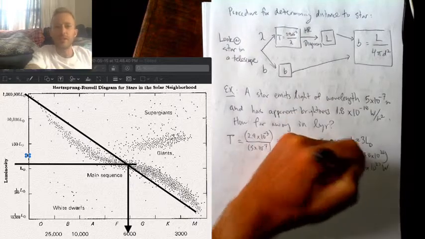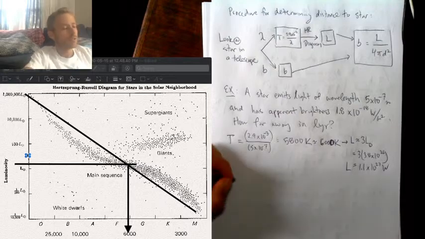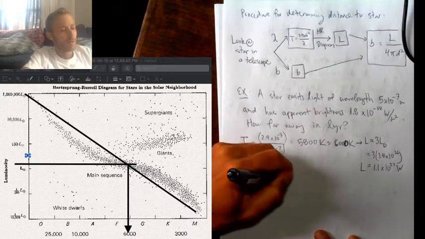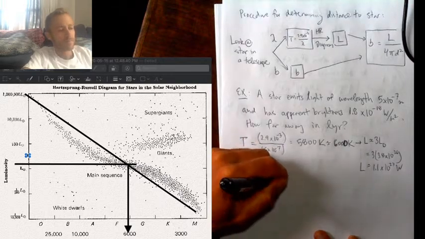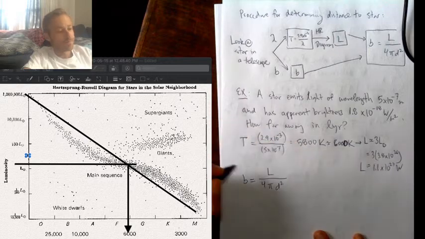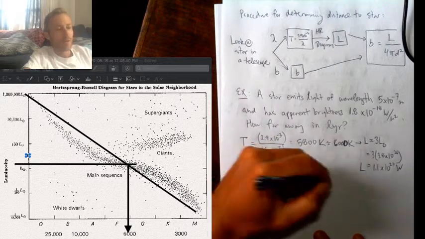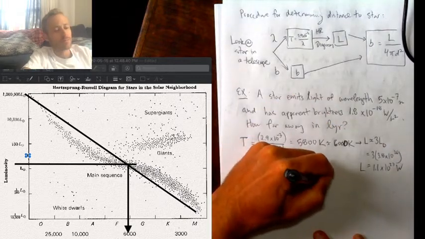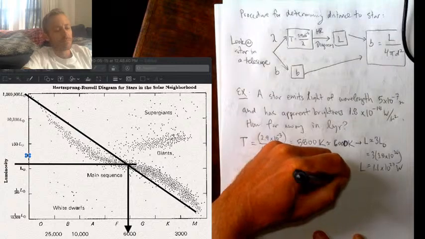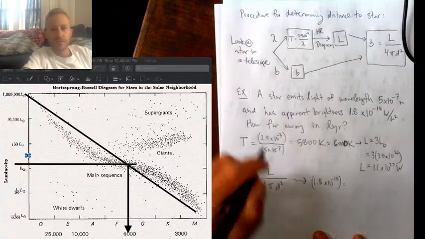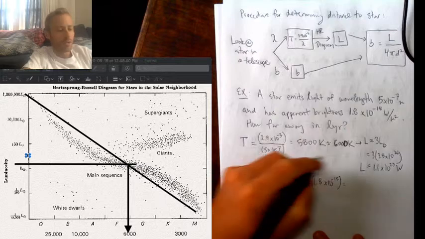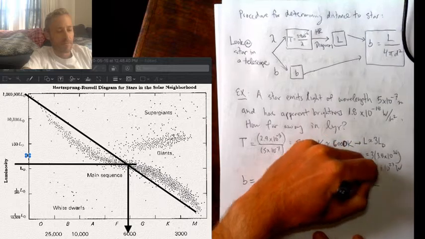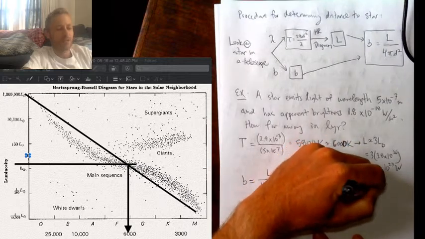Okay, so that's L. Now I'm going to use this formula, B equals L over 4 pi d squared, and I'm going to solve for D. So I have the apparent brightness is 1.8 times 10 to the minus 18. The luminosity is 1.1 times 10 to the 27th over 4 pi d squared.